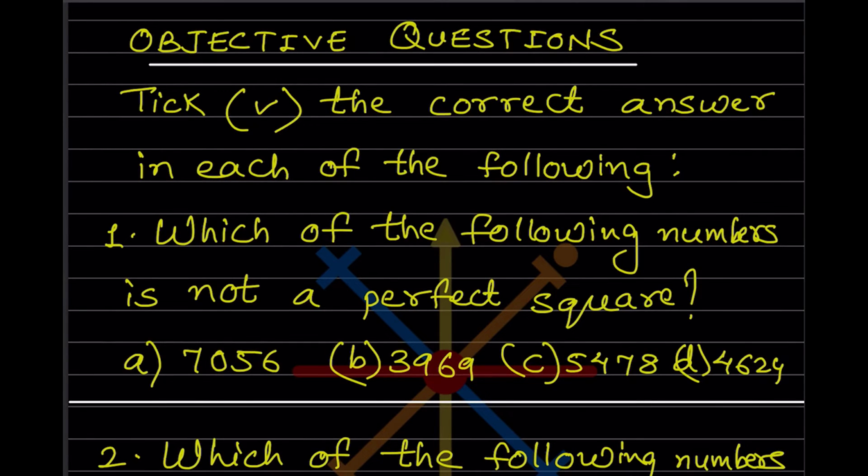We know that a number ending with 2, 3, 7 and 8 is never a perfect square. So here, can you see, anywhere this is 6, this doesn't match. So here we can see this is 8. So this is not a perfect square. So we can say 5478 is not a perfect square. So you can put a tick over here.